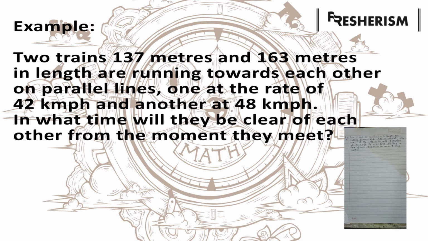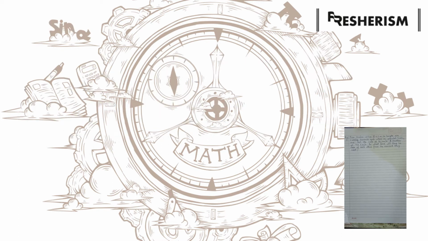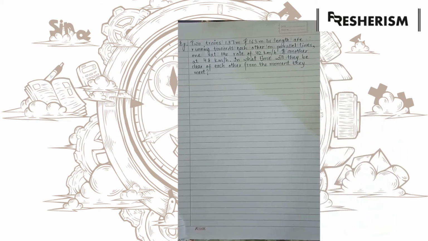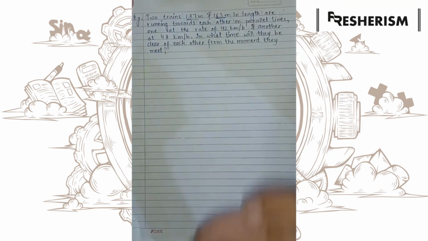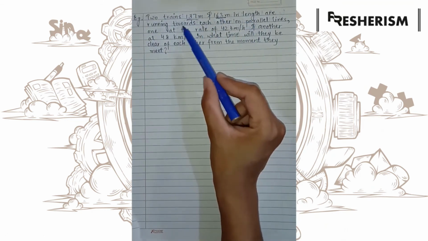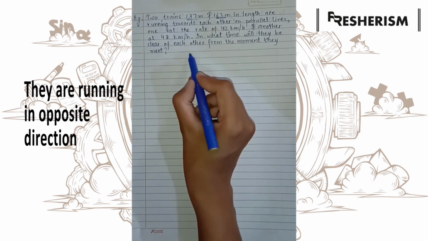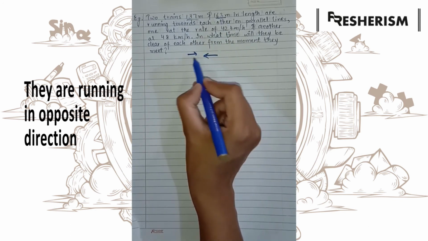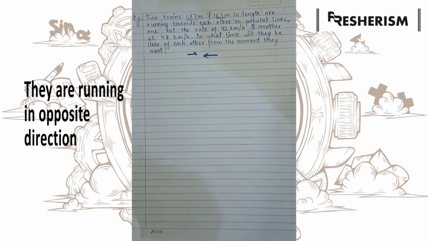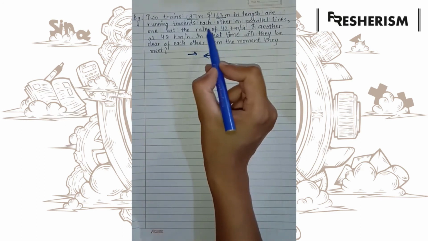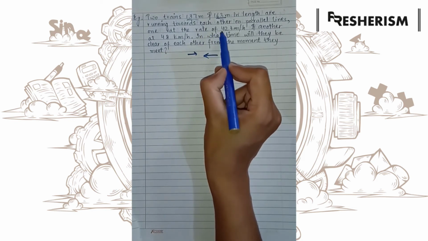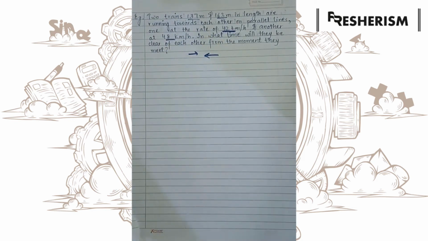In what time will they be clear of each other from the moment they meet? We are given the length of the trains, and as it is given that they are running towards each other, which means they are running in opposite direction. In that way only they can move towards each other. Now the rate, that is the speeds of the train, is also given.